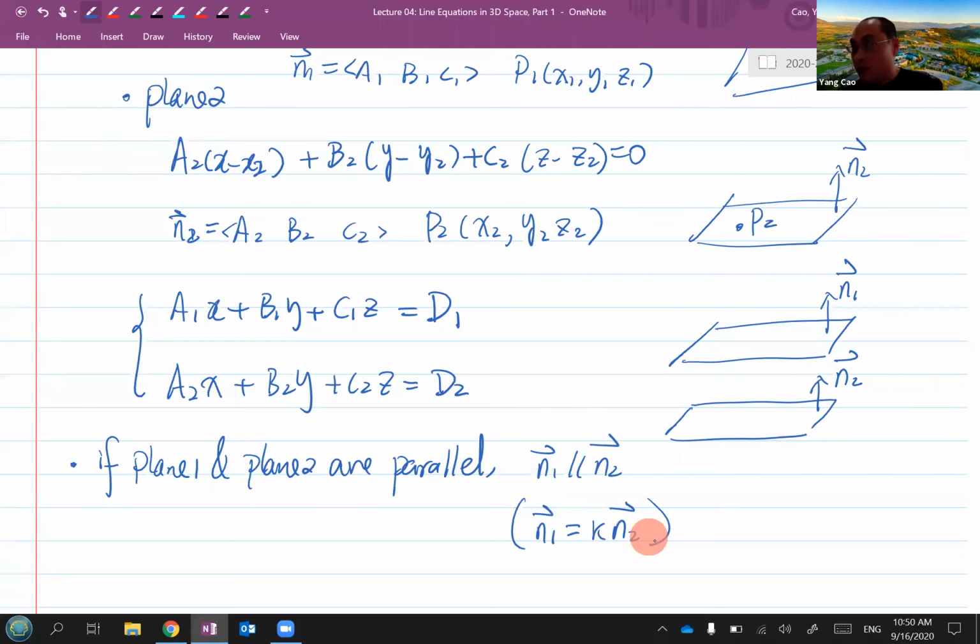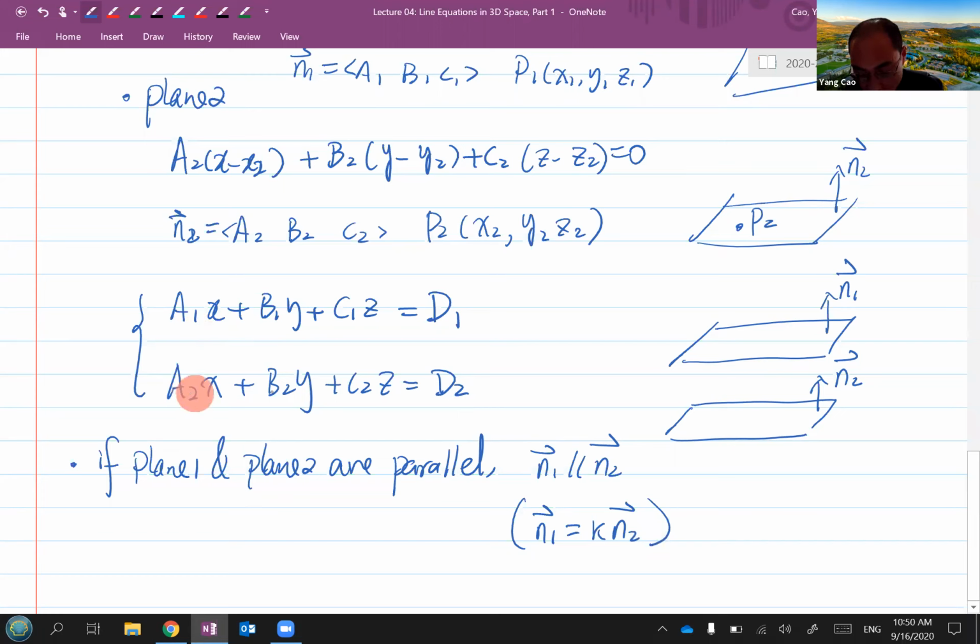However, as I just said, the planes can be parallel, but they can also overlap each other and become the same plane. So I need to identify that situation. Under what condition do the two planes actually become the same plane?